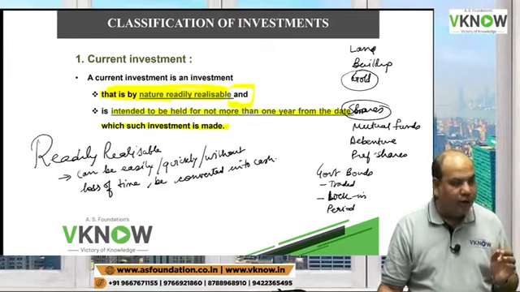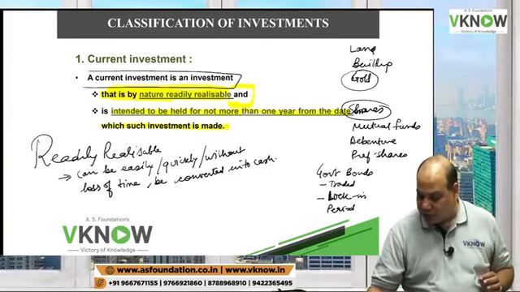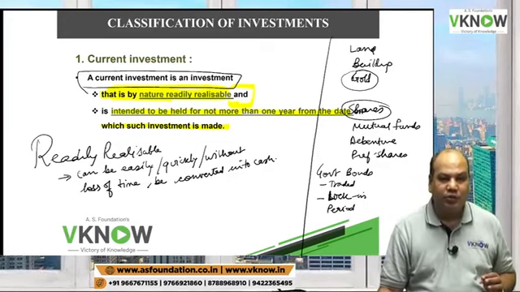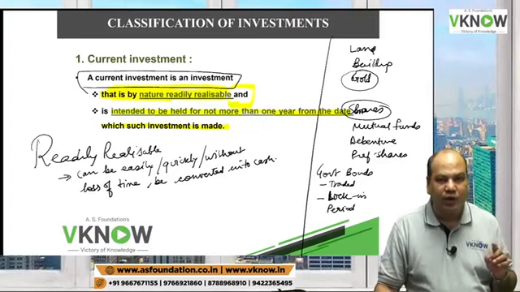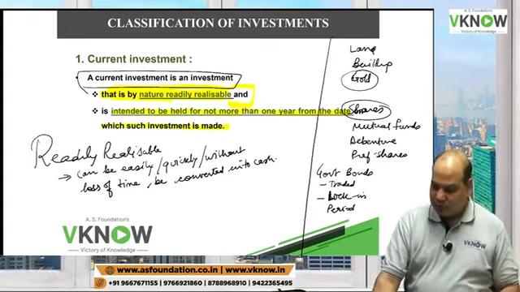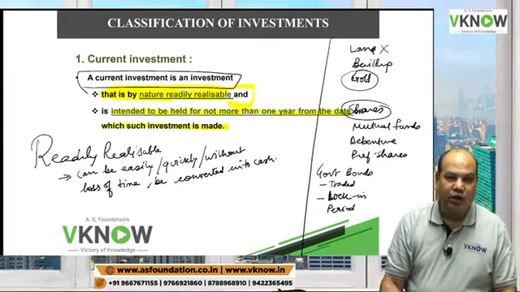Now, if I apply the definition of current investment to the investments I have written on the right side, you will find that some investments will never classify as current investment because they are not readily realizable. Example, land. Land is not readily realizable.